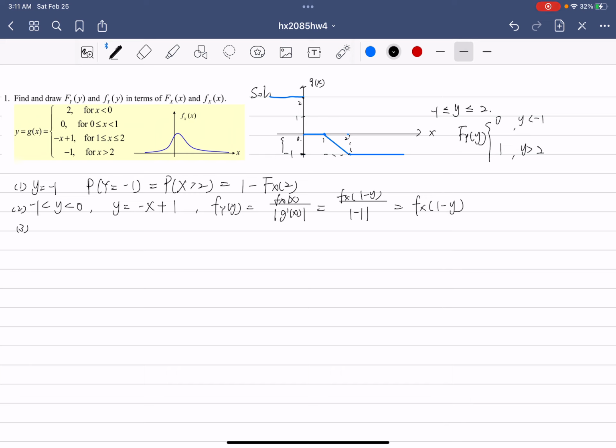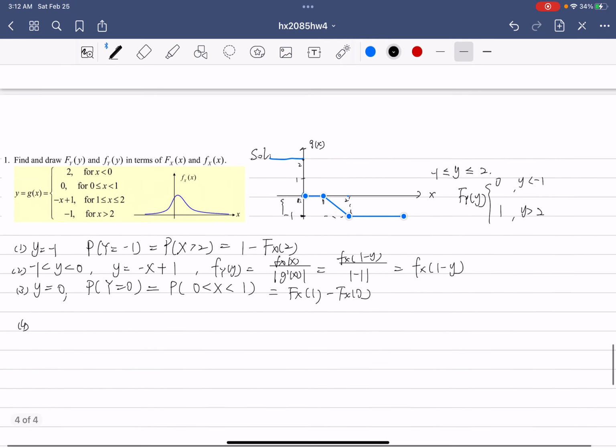And for y equal to 0, we can see that the range of x is from 0 to 1, so the probability that y equals 0 equals the probability that x is larger than 0 but less than 1, which is F_X(1) minus F_X(0).